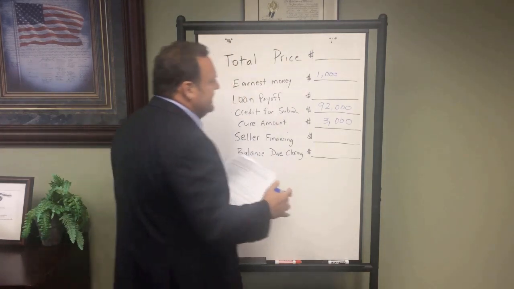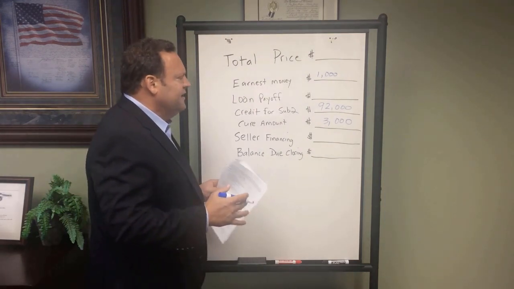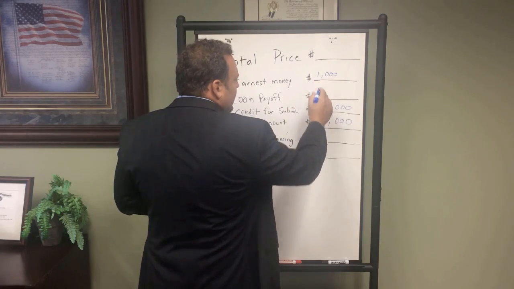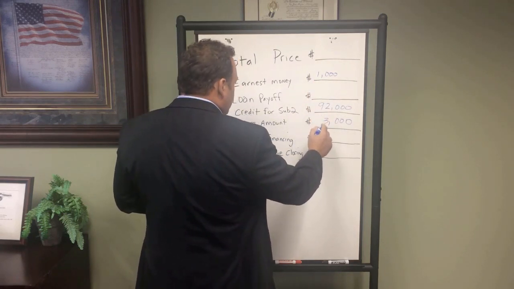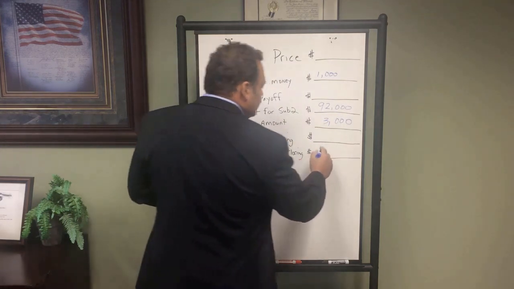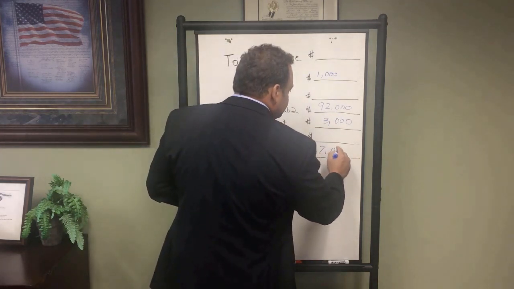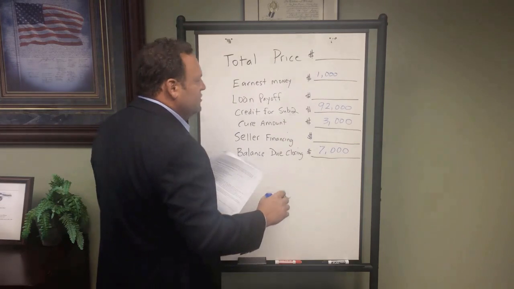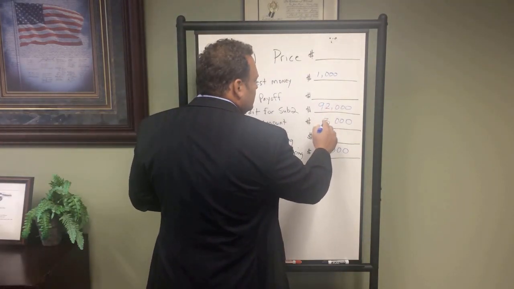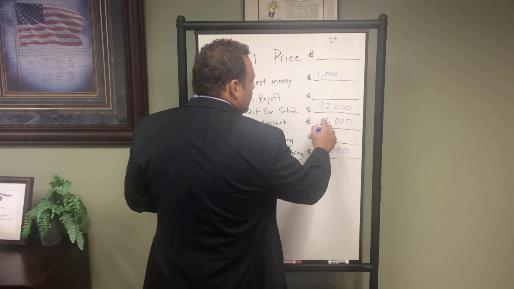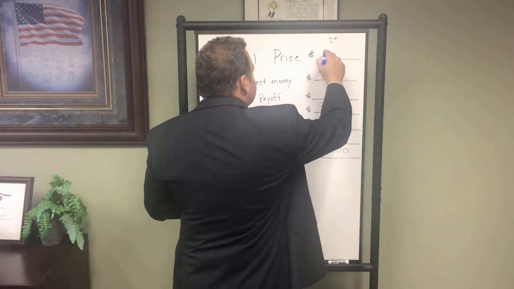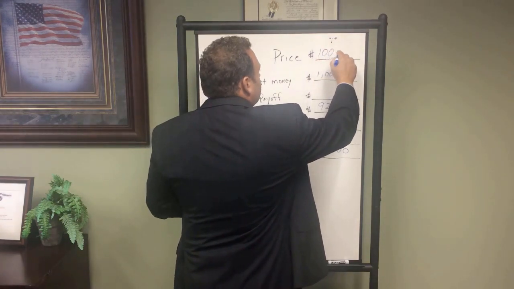So we agreed we're going to give the seller $5,000 at closing. We gave him $1,000 now. We've got to come up with another 4, plus the 3 for the cure amount. So what is due at closing? $7,000. If you took it all together, the 92 plus the 3, plus the 5 that you're paying him total, the purchase price is $100,000.